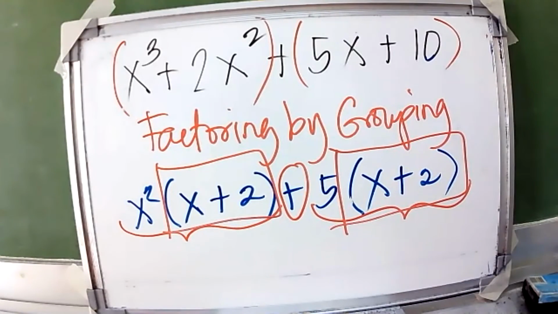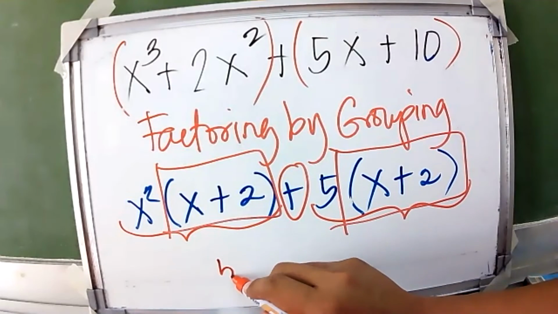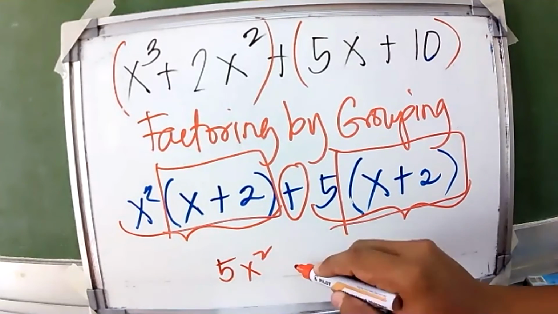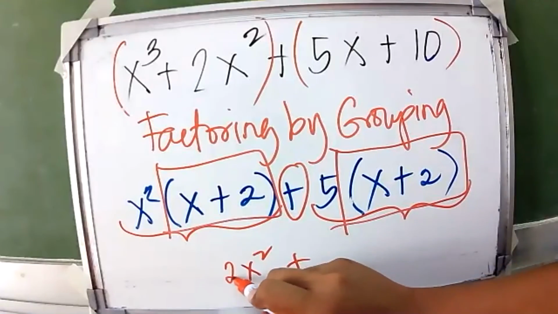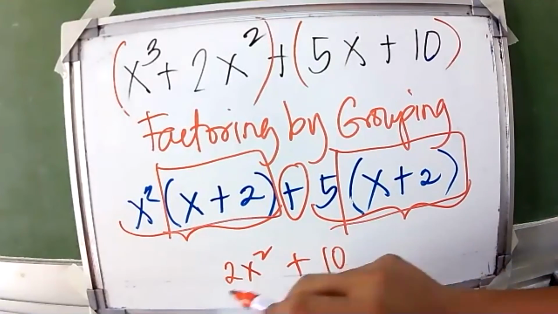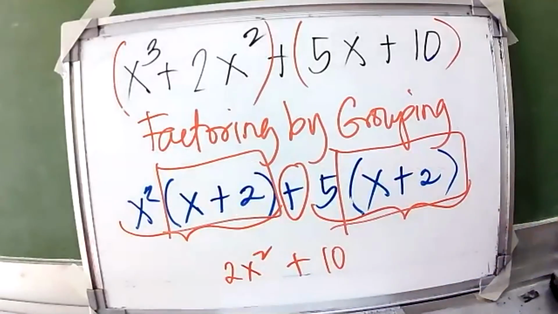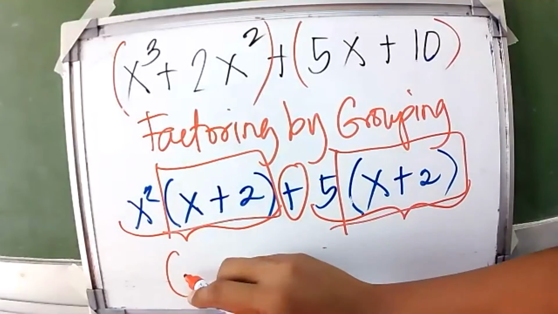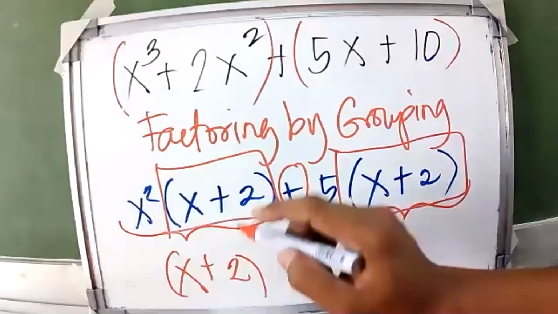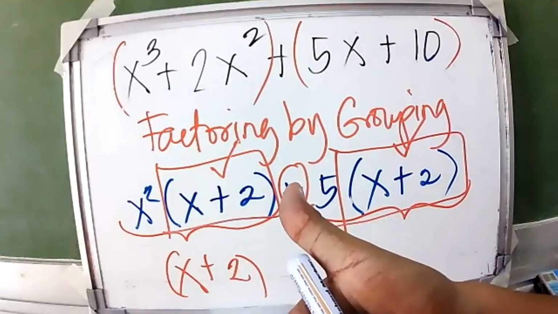Can you follow? So therefore, it's just like 5x squared plus, I don't want 5 anymore since that's also 5. It's just like 2x squared and 10. What's the common factor? 2. So this is our 2. So we will factor out what's common, and in this case, that's x plus 2, because x plus 2 is common to the two terms. Can you follow?